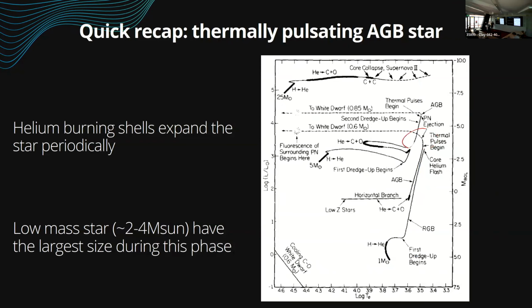It's really unstable, and these thermal pulses occur because of the helium flashes in deeper layers of the star, with a time scale of a couple of centuries.